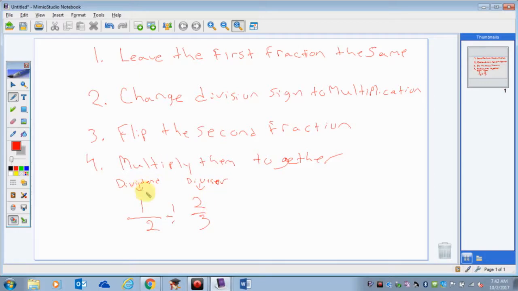You do not flip the dividend, it stays the same. The divisor is the one that you're going to flip to its reciprocal after you change this to multiplication. So this is going to be 1/2, change this to multiplication, flip the divisor to its reciprocal, and then multiply them out. We count 3 times 1 is 3, 2 times 2 is 4.